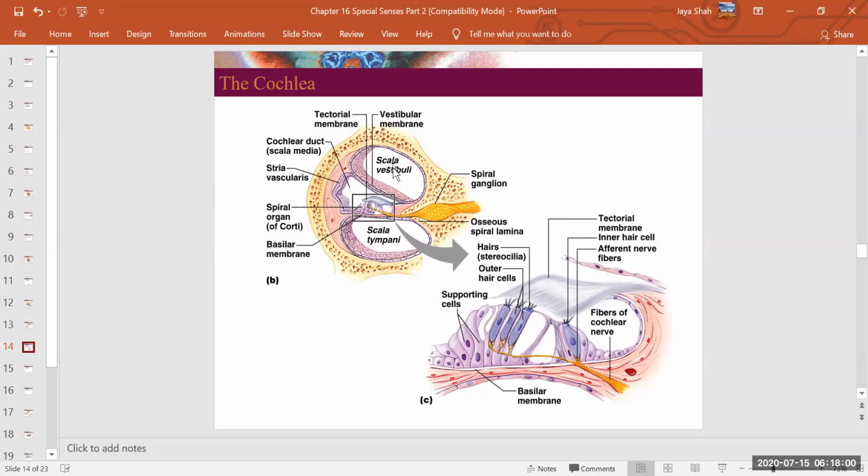When fluid moves, it moves the membrane. When the membrane moves, it moves these hair cells, and these receptor hair cells synapse with the dendrites. The dendrites, fibers of the cochlear nerve, take the impulse through the cochlear nerve to your brain. So this is the cochlea and its structure.